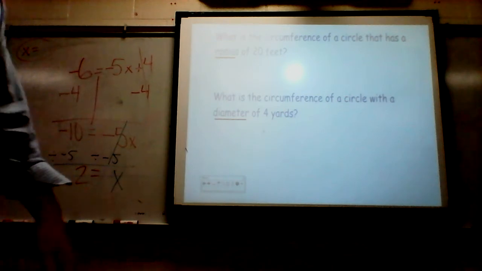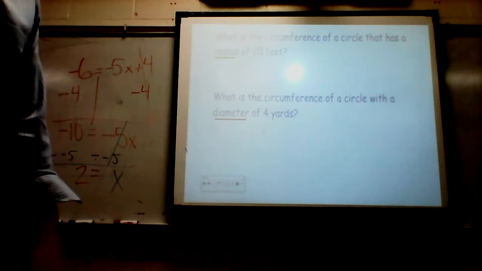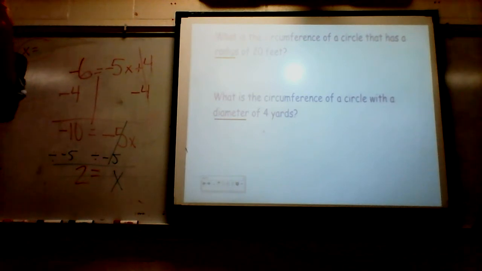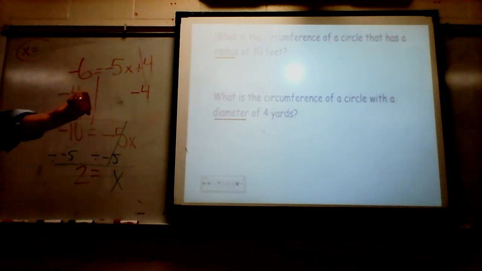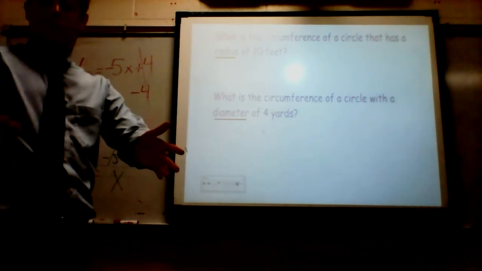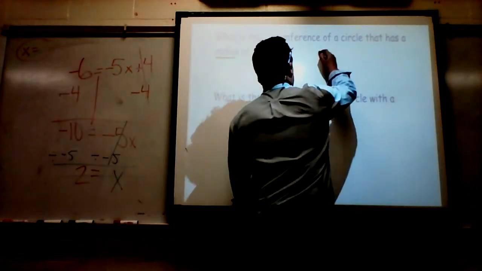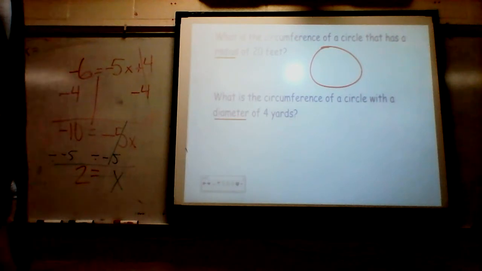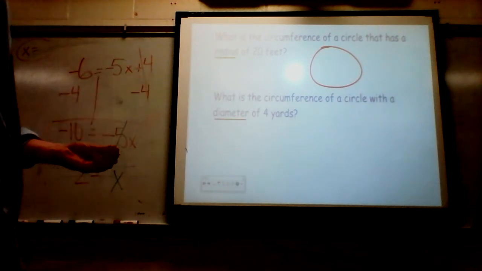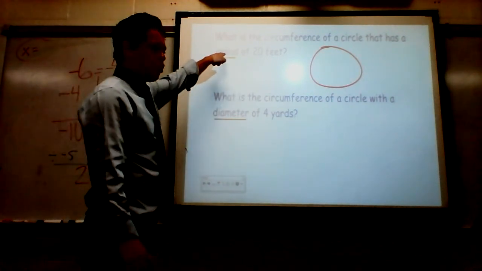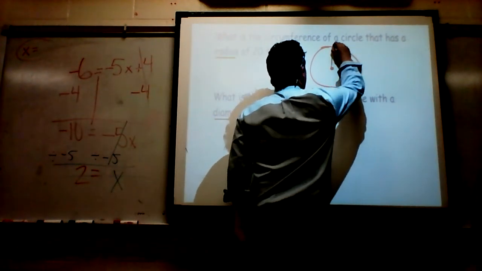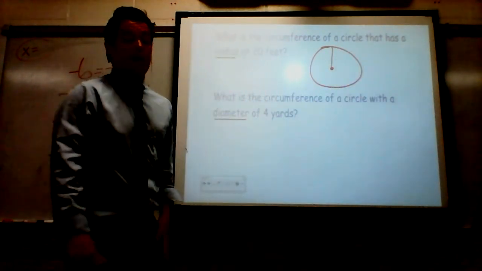Okay, at this point I'm going to go over problem 1. Problem 1 says, what is the circumference of a circle that has a radius of 20 feet? I'm dealing with circles. First thing I'm going to do is draw a circle. Not that difficult. Unpacking the problem, we know it has a radius of 20 feet. Doesn't matter how you draw the radius, as long as you know that a radius starts at the center and goes to one point.